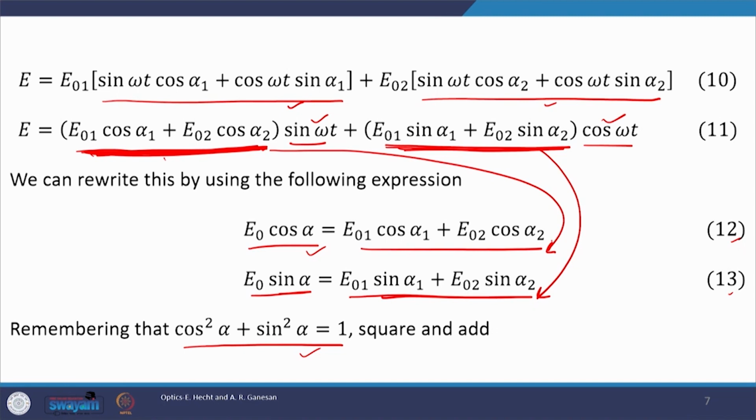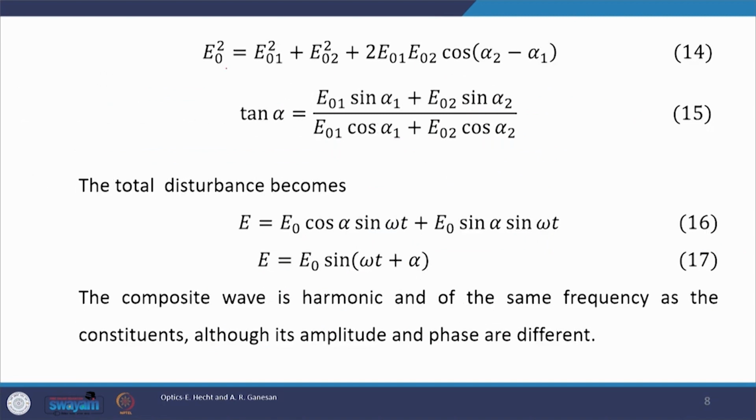From equation number 12 we can get the expression of cos alpha. We just have to divide the left and right hand sides of equation number 12 by E naught, and similarly from equation number 13 we can get the expression for sin alpha, square them and then add them up. After squaring and adding, we will get equation number 14.